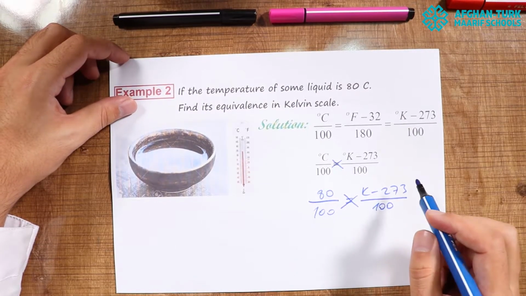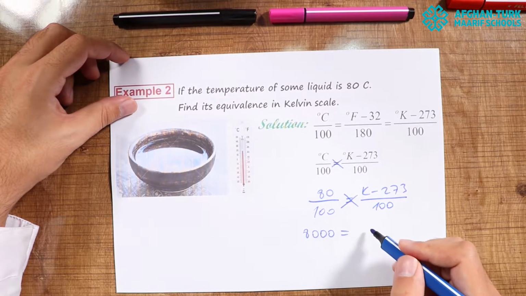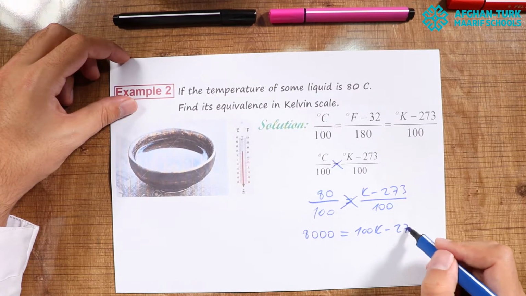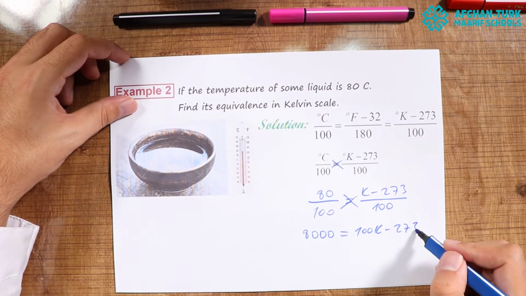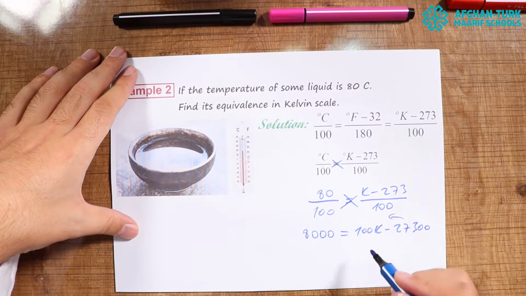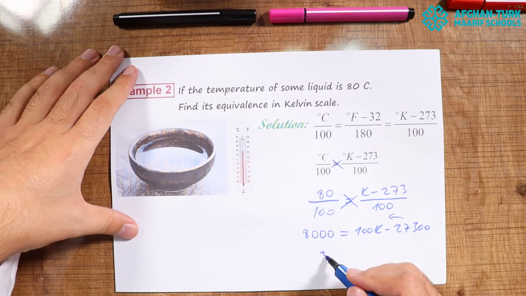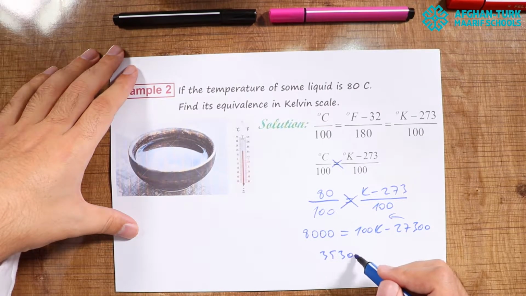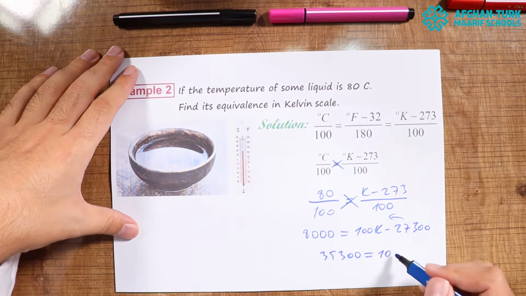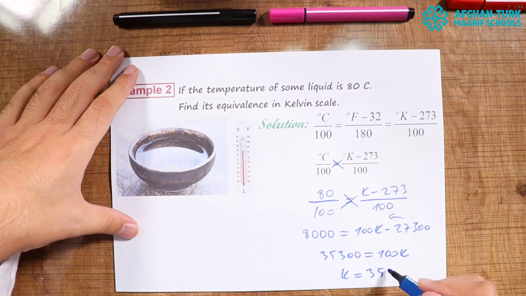Cross multiply, I will have 8,000 equal to 100K minus 27,300. And if I send this one to the other side, I will have 35,300, that's equal to 100K. And from here I can find K as 353.